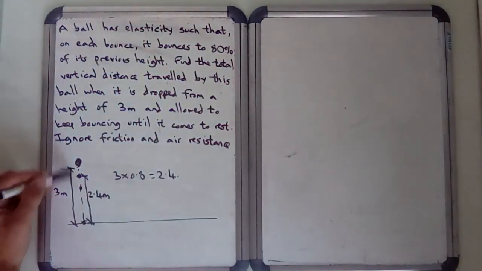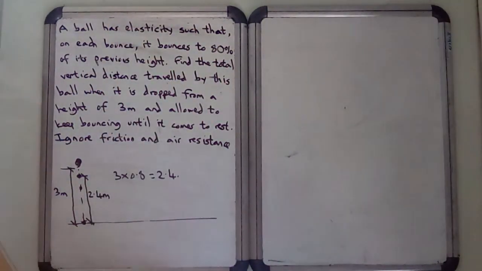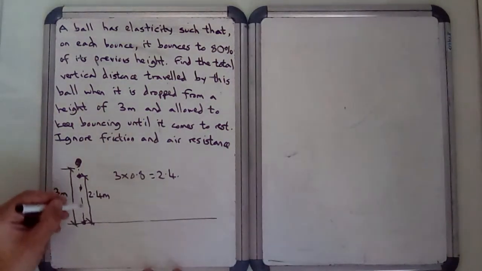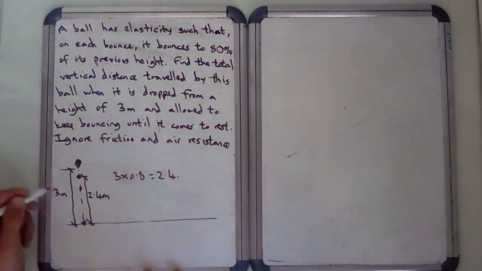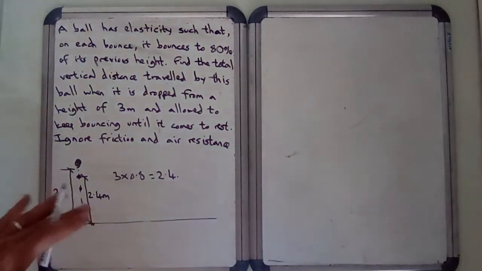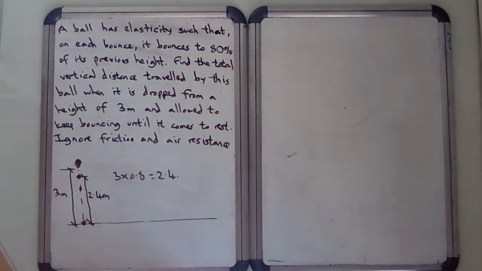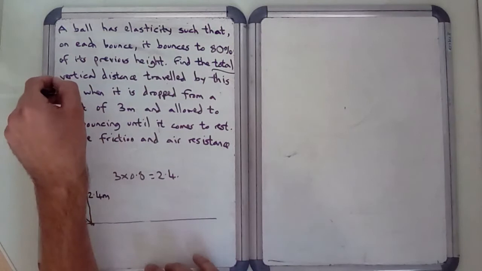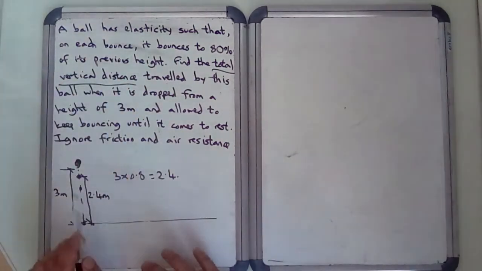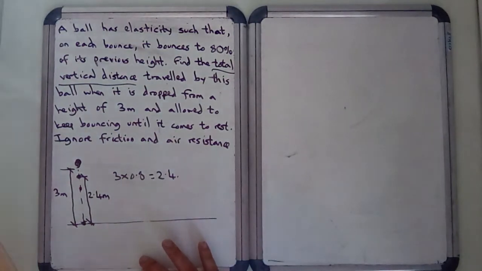So it travels the 3 meters, and then every other height, because this thing's just going to keep bouncing and bouncing, less and less each time until it stops, it needs to fall that same height again. So in terms of finding the total vertical distance, apart from that 3, which it only does once, everything else it's going to travel that distance twice.